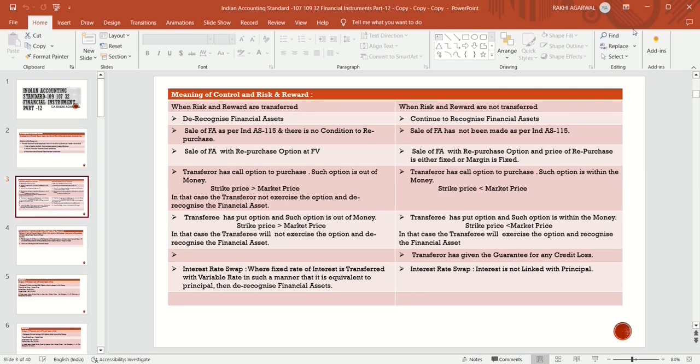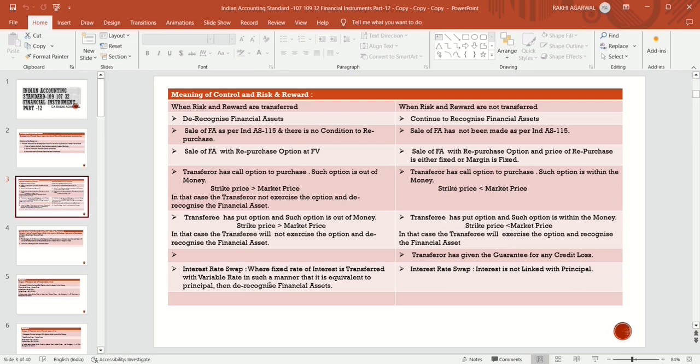The transferor has a put option and such option is out of the money. Out of the money means when the strike price is greater than the market price, then in that case the transferee will not exercise the option and derecognize the financial asset. Interest rate swap. When a fixed rate of interest is transferred with a variable rate in such a manner that it is equivalent to the principal, then derecognize the financial asset.